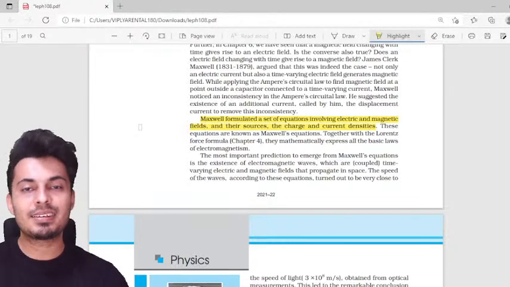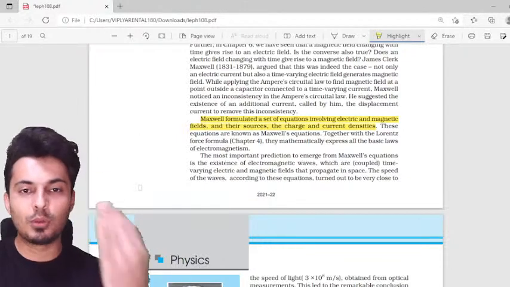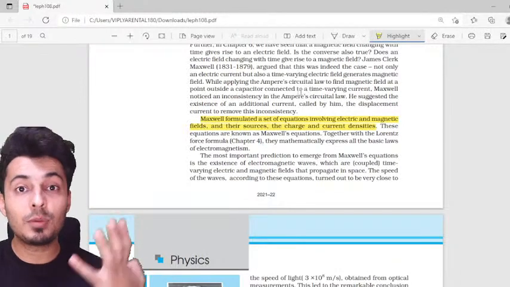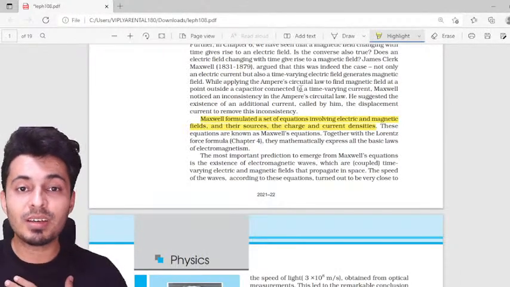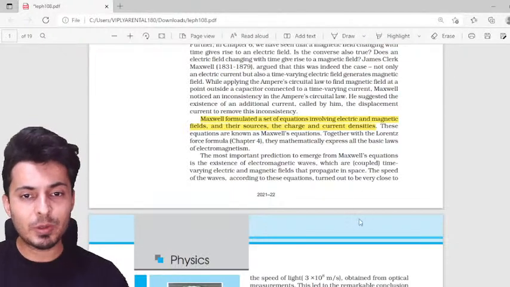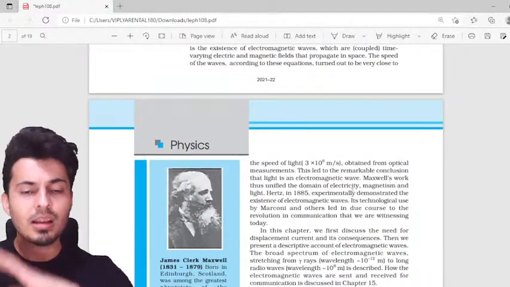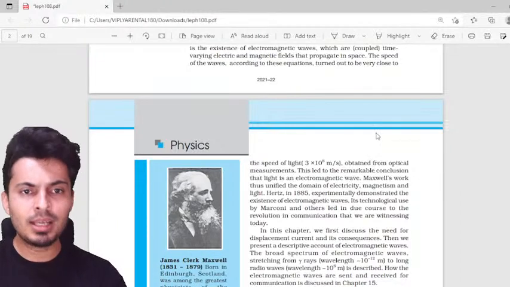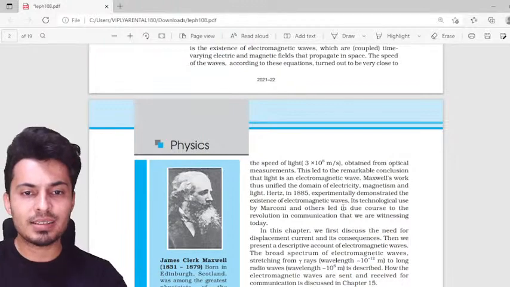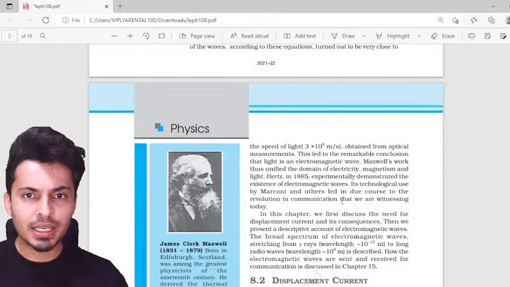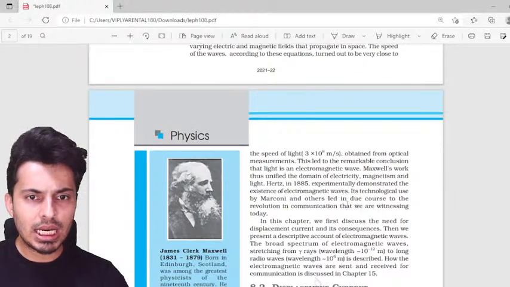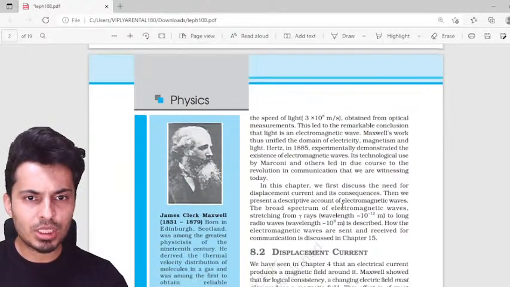Maxwell gave the four famous equations, and until then people used to think that light was a particle. They used to believe in the old theory of Newton, and then Maxwell said no, light is an electromagnetic wave, and he proved it. There are also other scientists who were involved like Hertz, but yes, Maxwell was one of the main scientists.